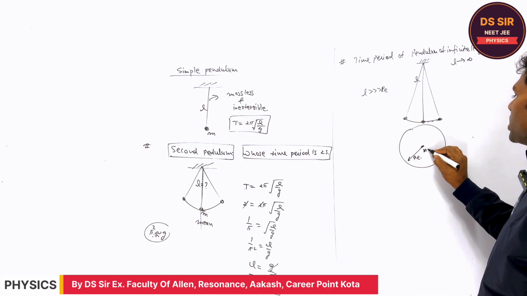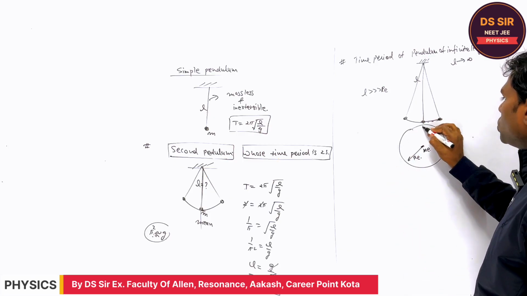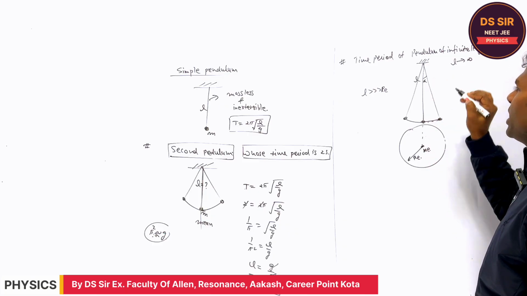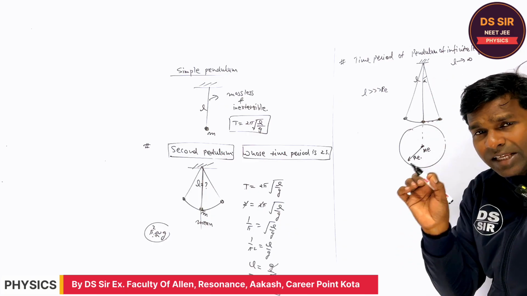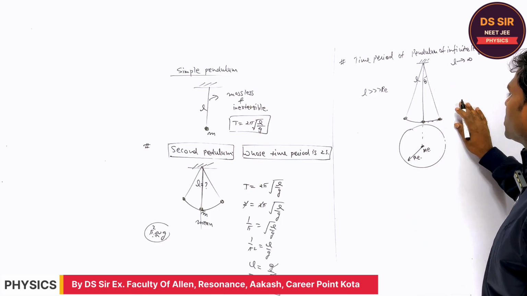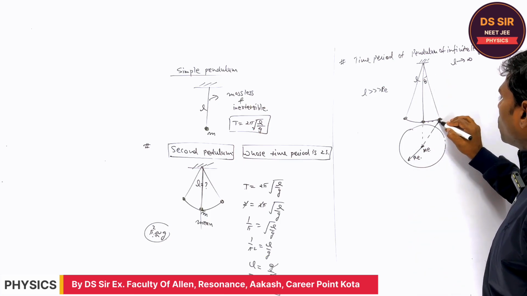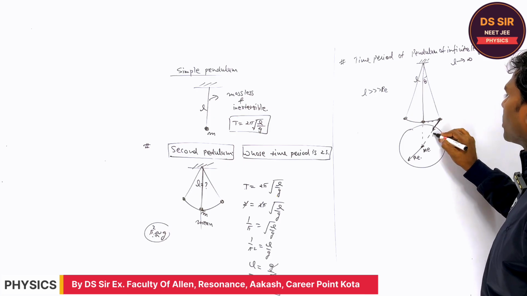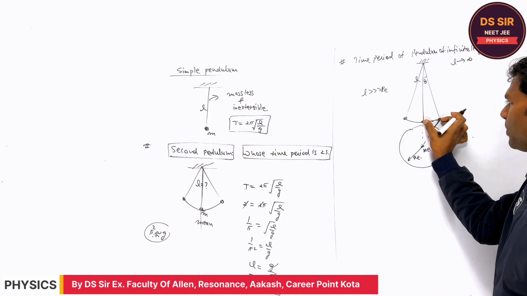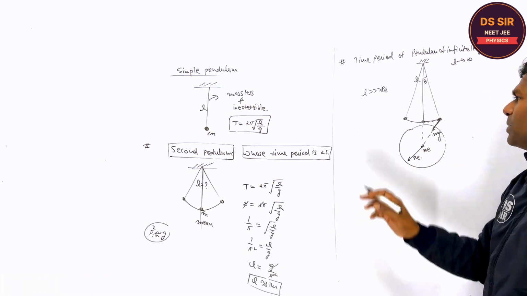Let me check. Suppose this is the mean position. So this is the small displacement. Suppose this is alpha. You assume the angular displacement is theta. So you tell me what will be the force acting over here, say mg, right? Although it is shown very big, it is a small displacement.